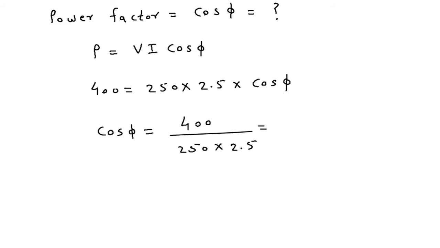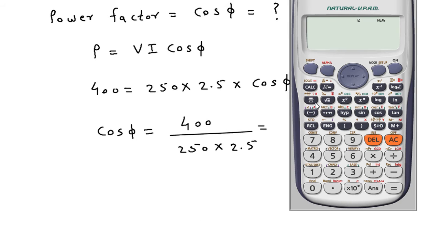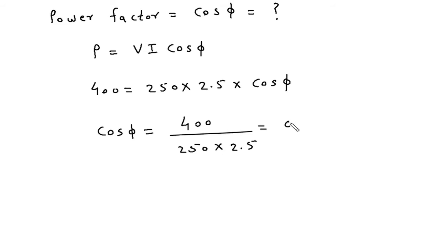Now if we solve this using calculator, then this will be 400 divided by 250 multiplied by 2.5. So it is 0.64. This is the value of cos phi, and cos phi is the power factor.